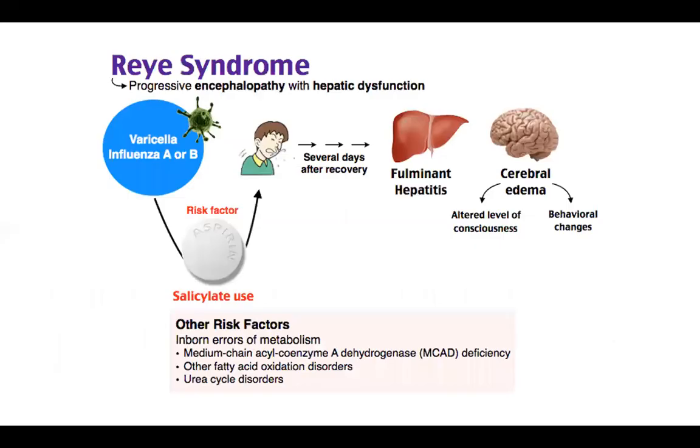You do not give aspirin to children. So just don't do it. Something called Reye's syndrome can occur. So if a kid has varicella, or influenza A or B, so they have a viral infection, and we give them aspirin, any salicylate, they're going to feel better, and then a few days after recovery, their liver is going to get big, and then they're going to get swelling on their brain, okay?